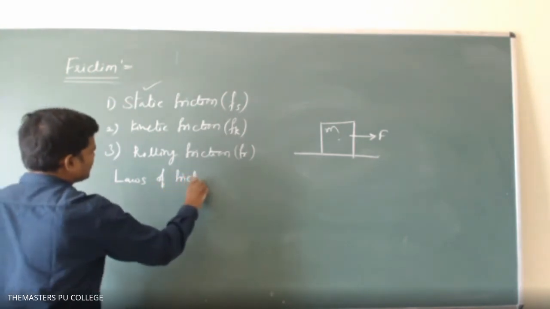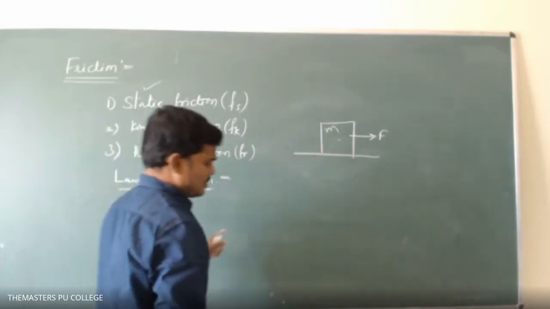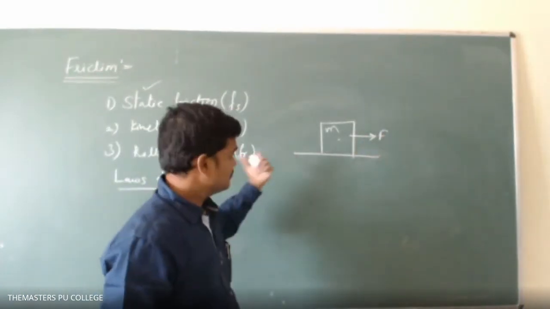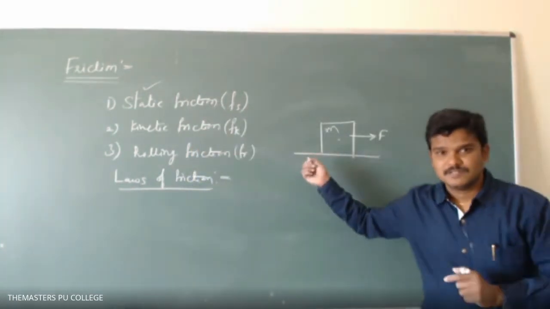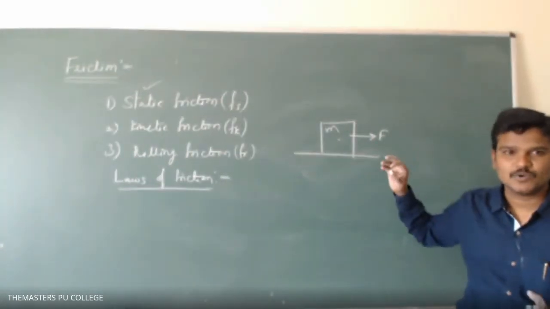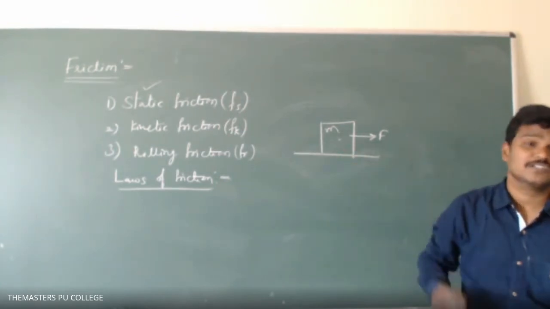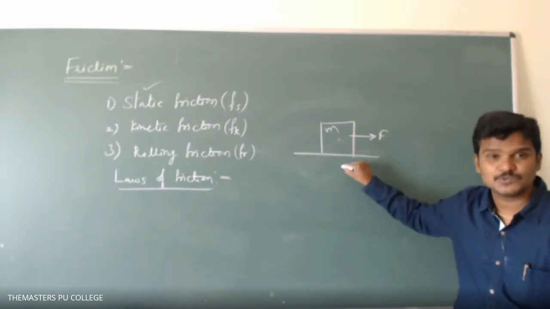Before this, let me discuss some other things. Later I'll come to the laws. Before that, just see. Suppose I apply some force so that the body does not move on a floor. Then what type of frictional force is existing between these two surfaces?